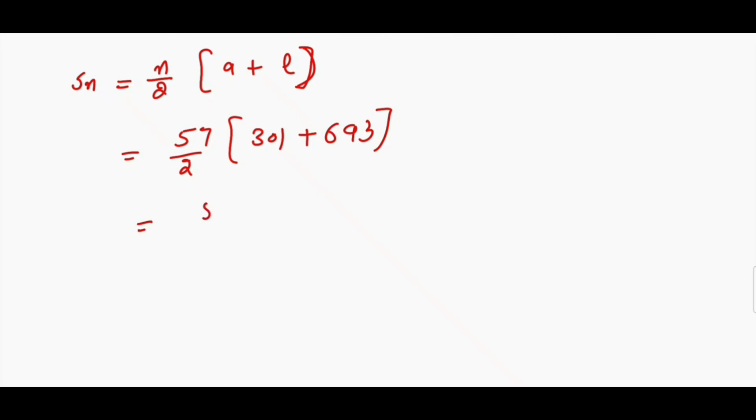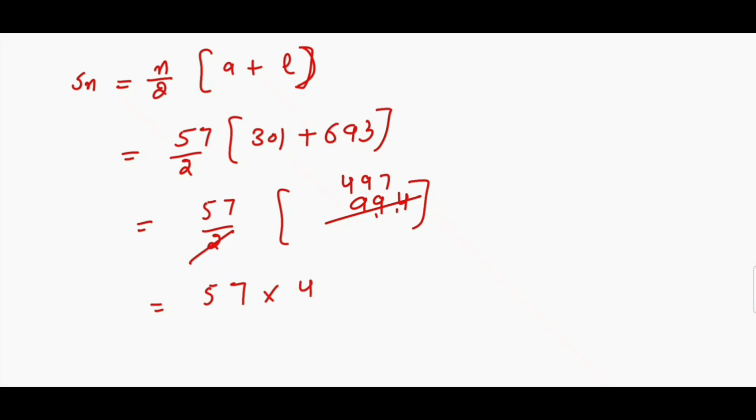So this will become 57 divided by 2 into 994. It will get cancelled, so this will become 57 multiplied by 497. And if we multiply 497 with 57, I will get 28329. This is my answer.